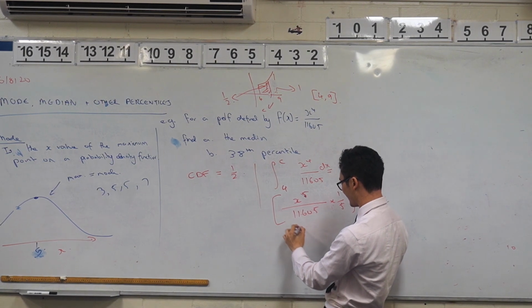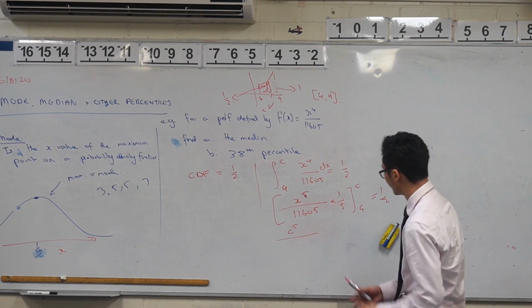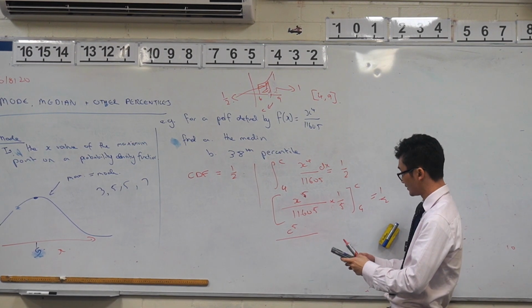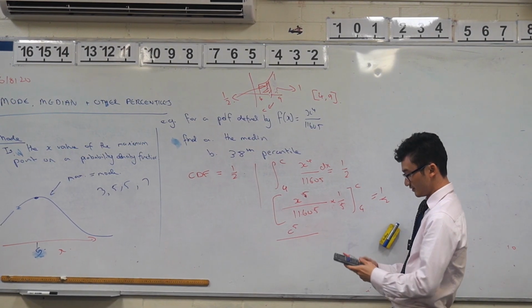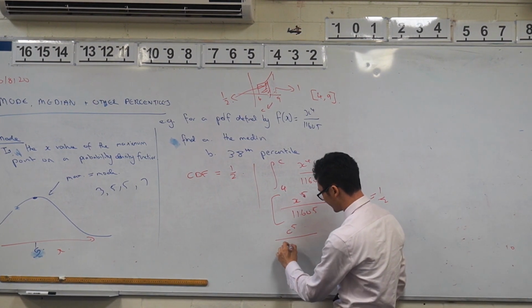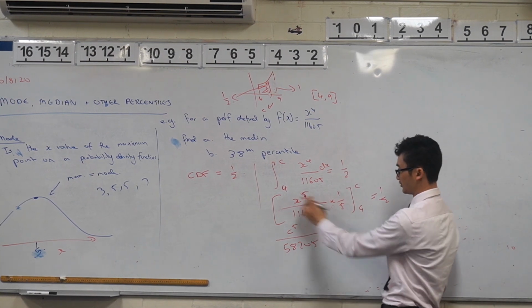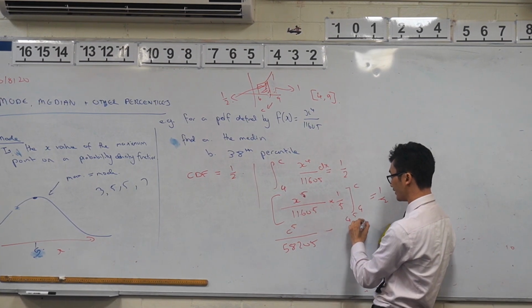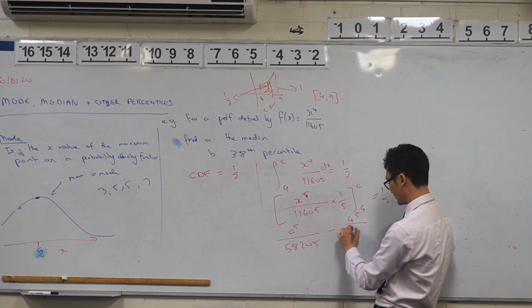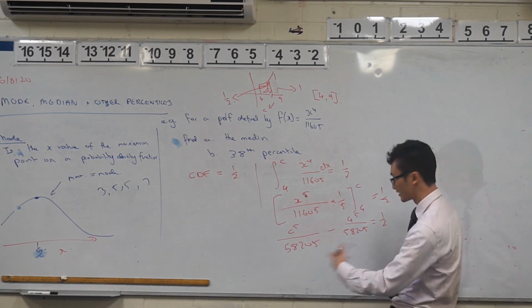So C to the 5 over 58,205. And then take away, and then you substitute in the 4 at this point, so 4 to the 5 over 58,205 equals half.